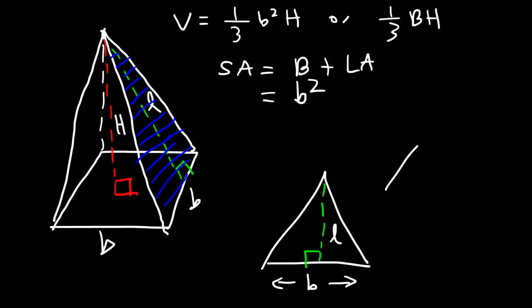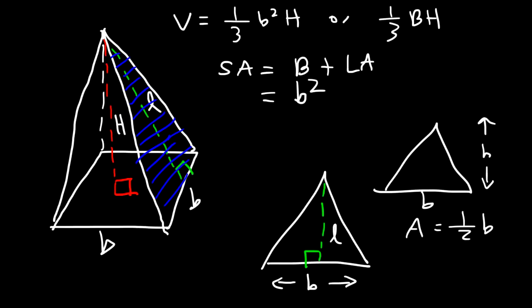Now, whenever you have a triangle, if you know the base and if you know the height of the triangle, to find the area is simply 1/2 base times height. But in this case, the height is the slant height, so the area becomes 1/2 base times slant height, which is L. Now, the pyramid has 4 triangles.